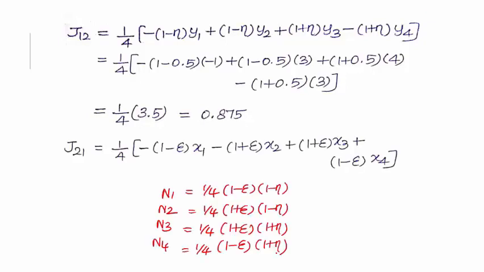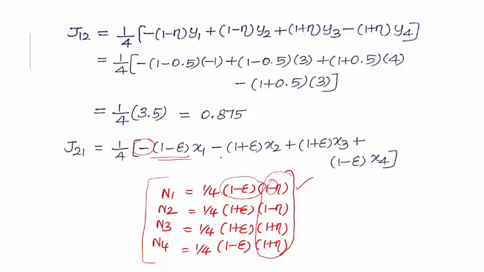Next, the formula for J21 is like this. To remember the formula, again we can consider the shape functions of the isoparametric elements. For each term in the J21 formula, we have to consider the sign of eta in the corresponding shape function and the epsilon term. For example, for the first term, the sign of eta in the first shape function is minus, and the epsilon term is 1 minus epsilon.